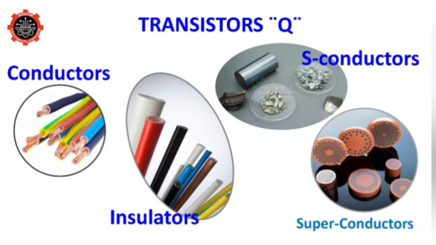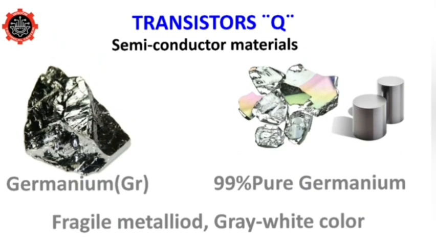The very first material we will look at is germanium. This material was discovered back in 1886.